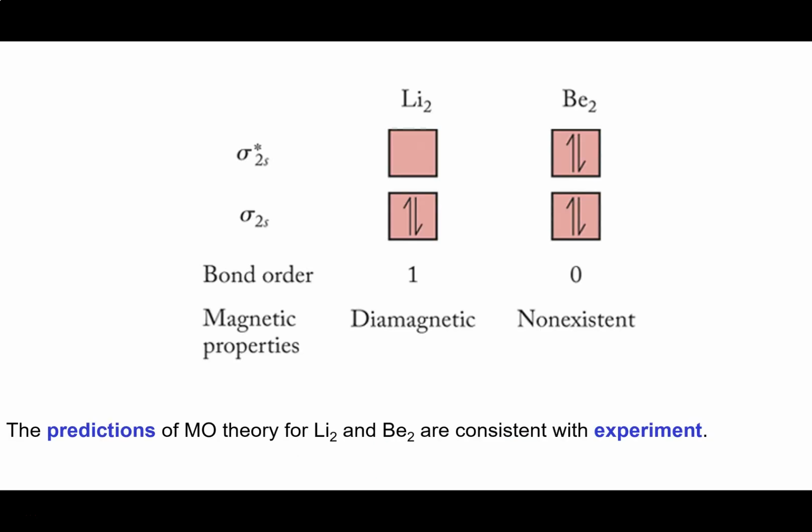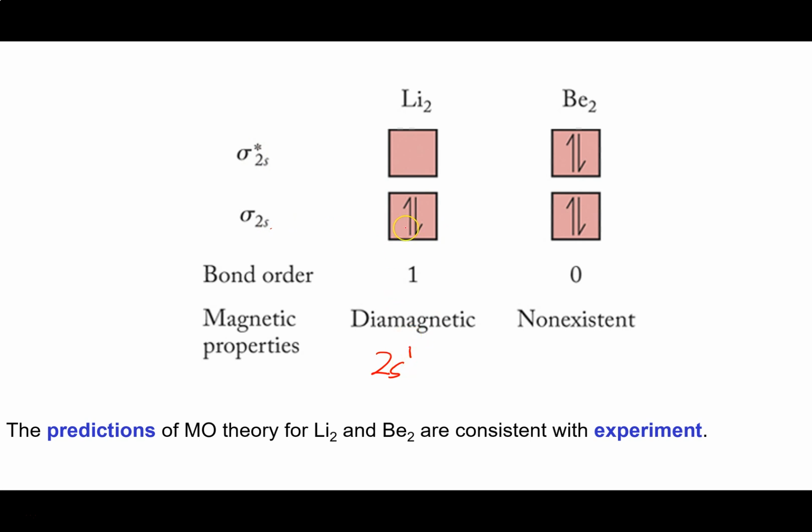So there are some other things that we can do. Let's have a look at lithium. Lithium has valence electron configuration 2s1, and when we construct the molecular orbital diagram for lithium by overlapping the 2s orbitals on 2 lithium atoms, we end up with an MO diagram that looks like this. We've got a sigma 2s here and a sigma 2s star.